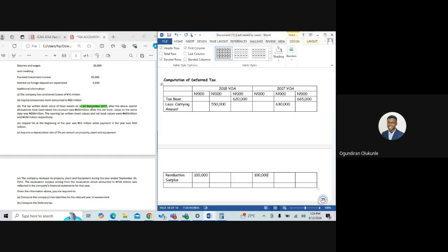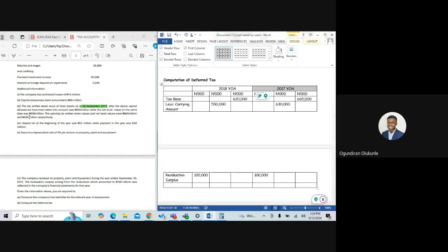The table is just for easy identification, so that I can do 2 years side by side. We're told that the terminal value of the asset was given for 2017, which is 2018 year of assessment, and the opening balance is for the previous year, that's 2017 year of assessment, right? Don't forget that we said the temporary difference is the difference between the carrying amount and the tax base, and the tax base is same as the taxable value of the asset. So the taxable value of the asset was 620 million, and that's what we have here.